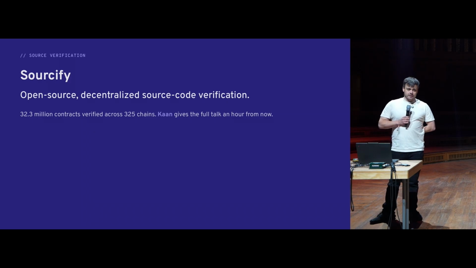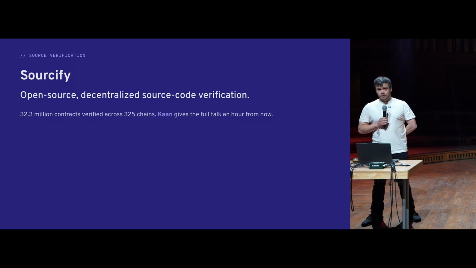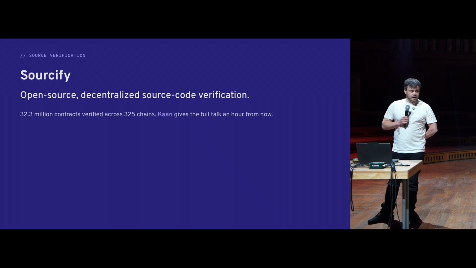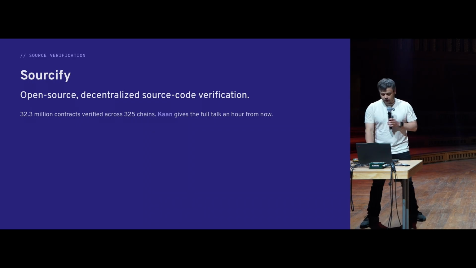And I really think this is a very cool tool that more people should be using, and a lot of people are. They have 32 million verified contracts across 325 chains. And they are also one of the projects spearheading the clear signing initiative that I believe my colleague Khan will talk more about in about an hour on this stage. So also stick around and check that out. They're really doing cool work.